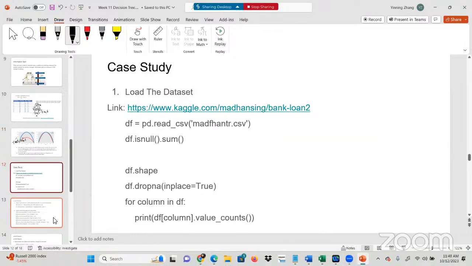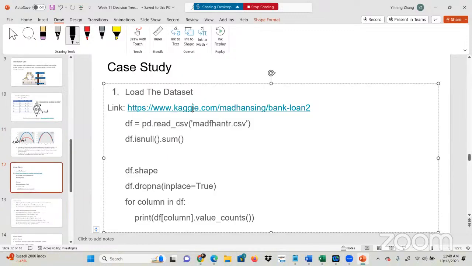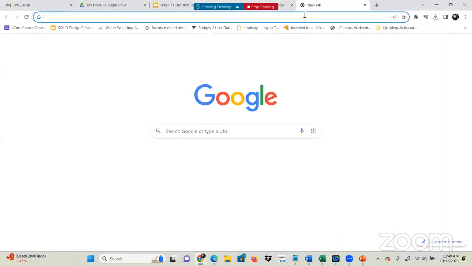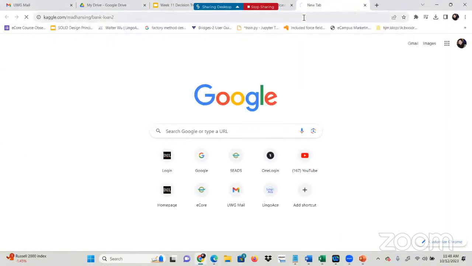All right, let's walk over this example. This is a data set about whether you should give the people the loan or not.